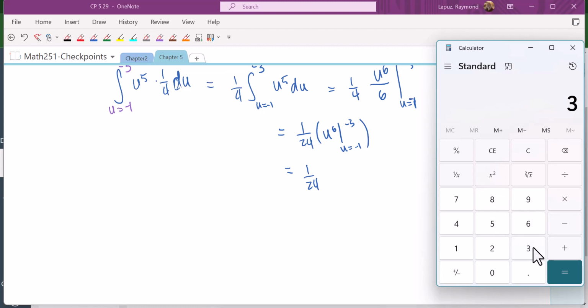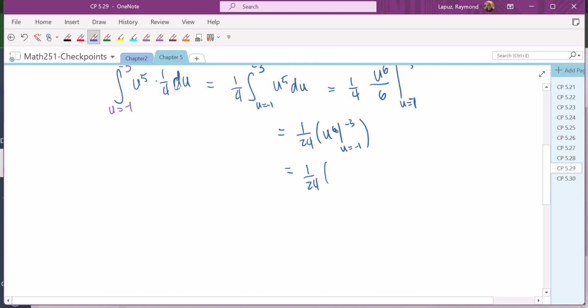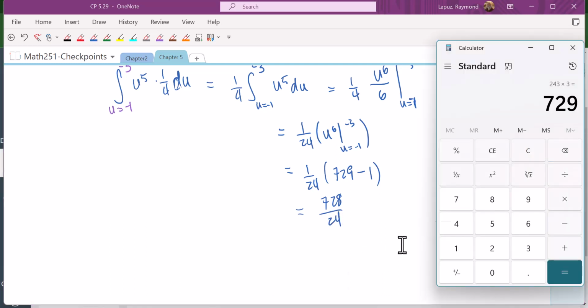So it's 3, 2, 3, 4, 5, 6. That's 729, and it'll be positive because it's to the 6th power. So 729 minus 1, that's 728 over 24.